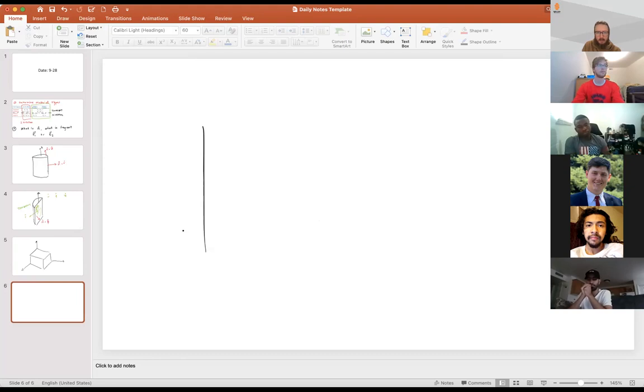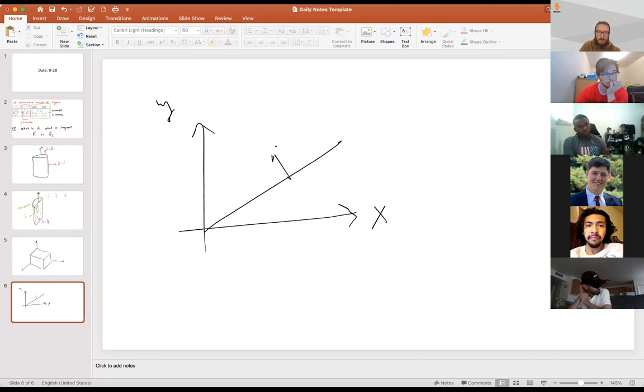Like if we just looked in 2 dimensions, X, Y, we could find this. It's not as easy to do, but this is something that you did in your calculus class. You could find the normal to this surface. So this is Calc 3.